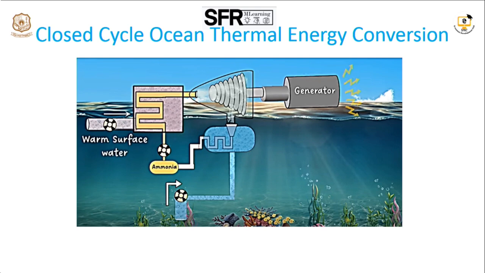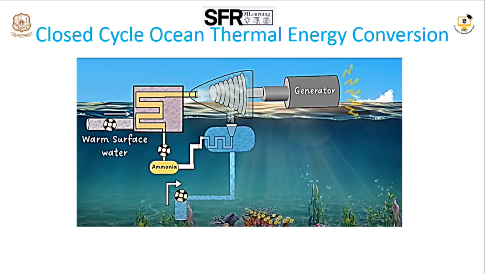Therefore this is called closed cycle ocean thermal energy conversion. Here also we are continuously generating electricity. Next, here no desalination water is obtained. We need drinking water, but it is not obtained from this system.